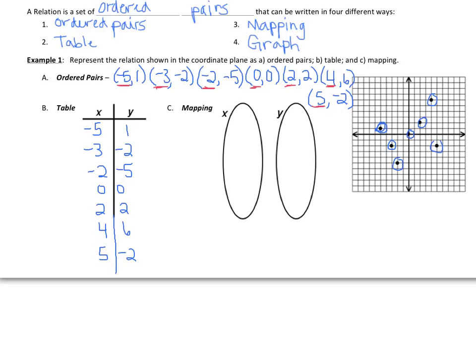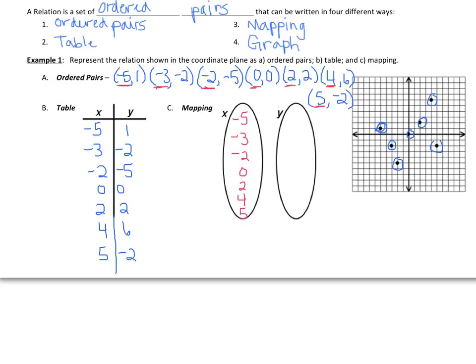So we're going to put those values in the x oval. Now if I had any x values that repeated, you would only write it one time. In this one I don't have any that repeat, so I'm just going to write them all down. Negative 5, negative 3, negative 2, 0, 2, 4, and then last but not least 5.